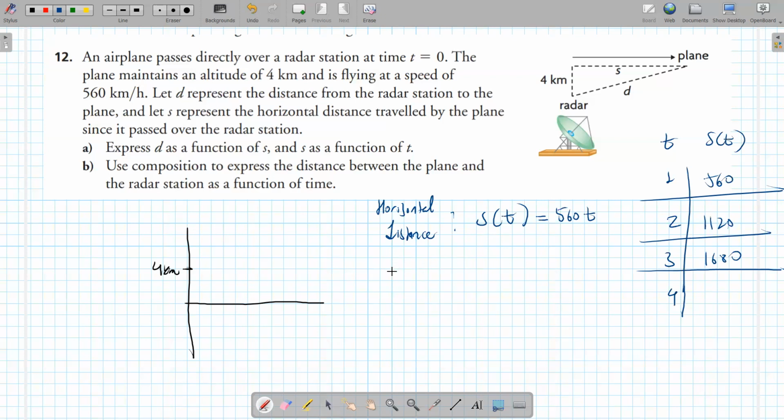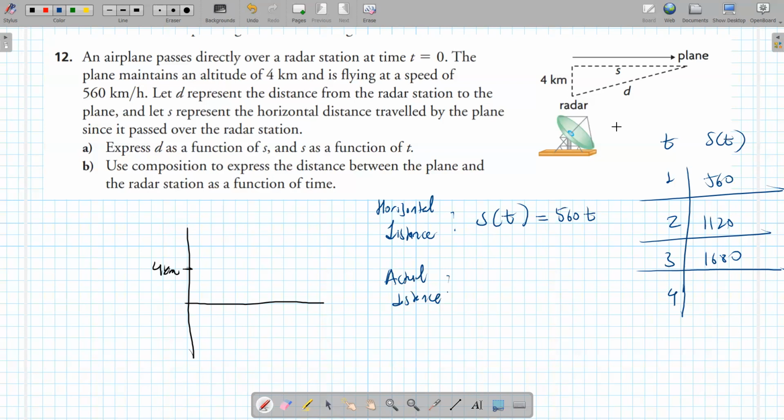Now let's get an equation for the distance. This is the actual distance, not the horizontal distance. This is this distance. From this triangle, how do we get D? It looks like a right angle triangle, right?